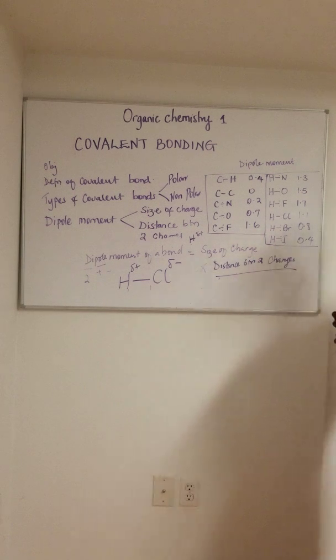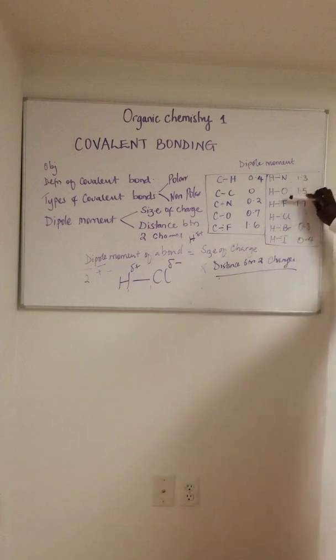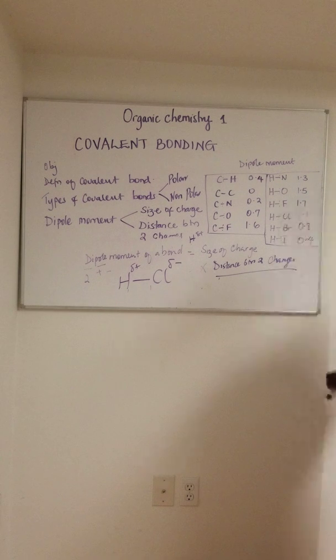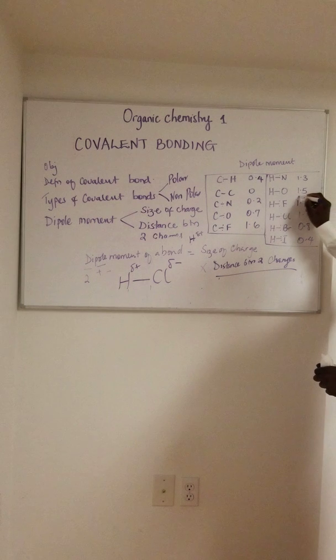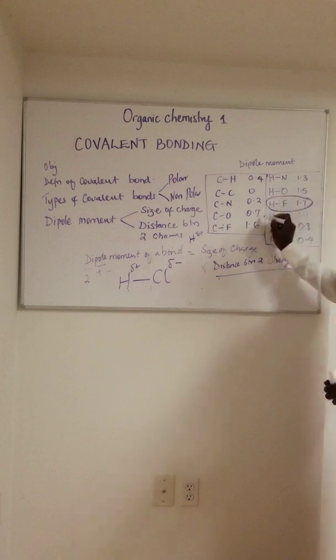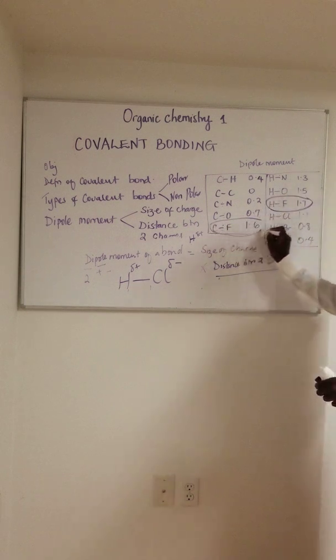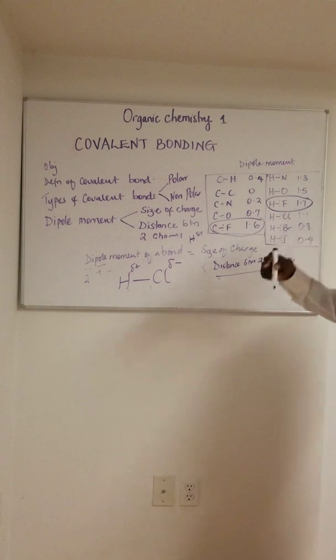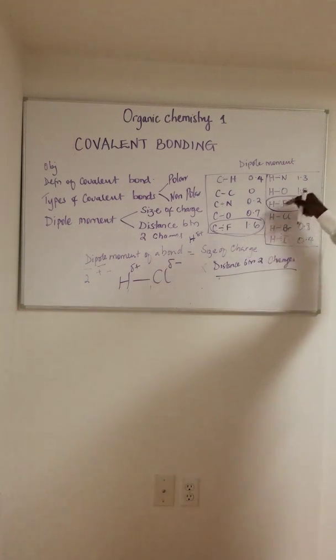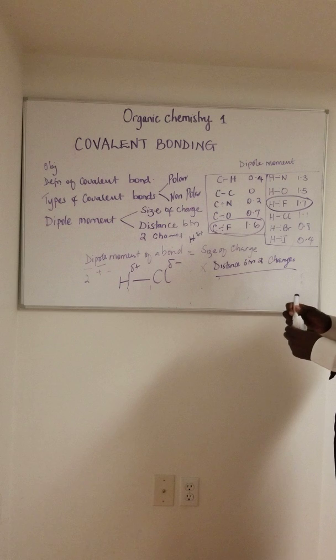But you see that there's a trend when you check the halogens. Since fluorine is the most electronegative, it has the highest dipole moment with both hydrogen and carbon. Fluorine is so electronegative that the electrons are pulled towards itself.